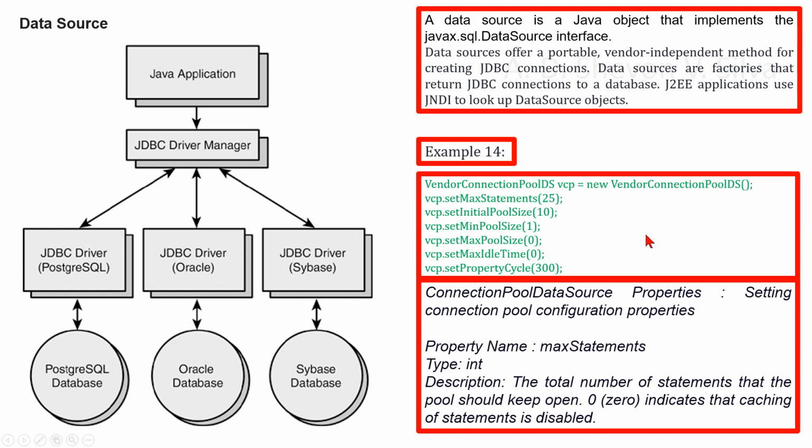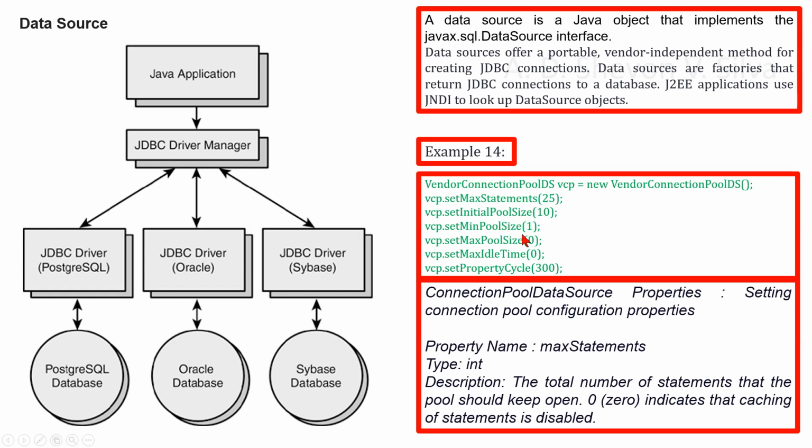As with the data source interface, the JDBC API defines a set of properties that can be used to configure the behavior of connection pools. The property initial pool size, int: the number of physical connections the pool should contain when it is created.